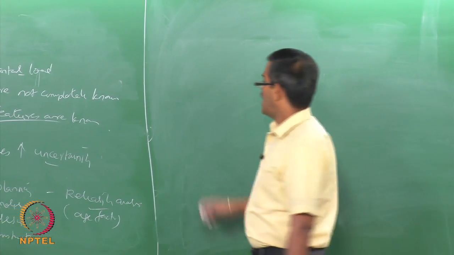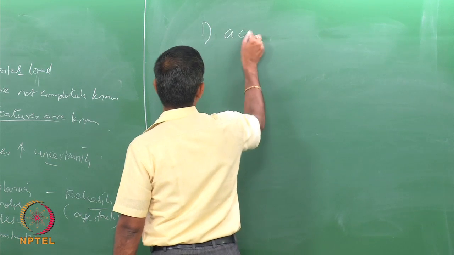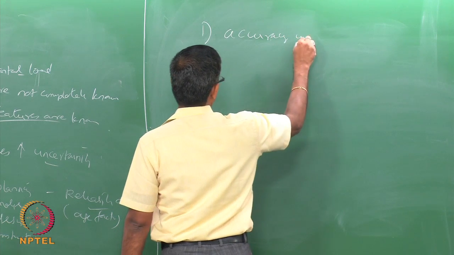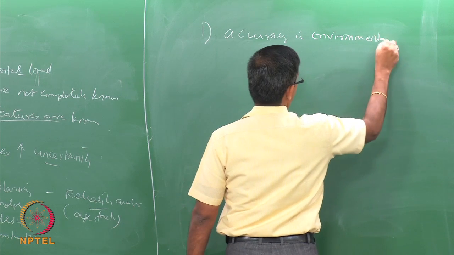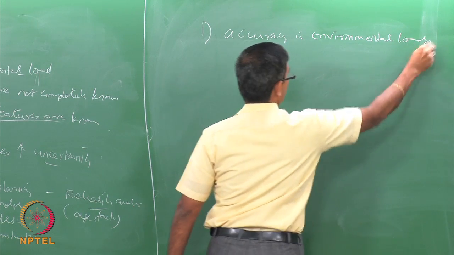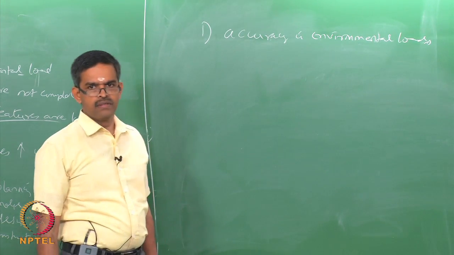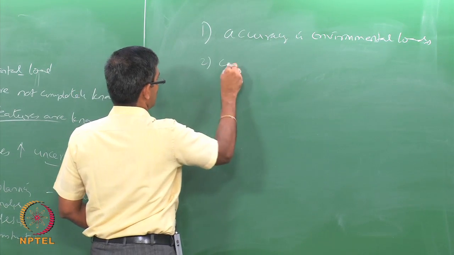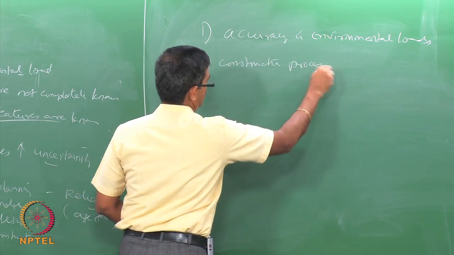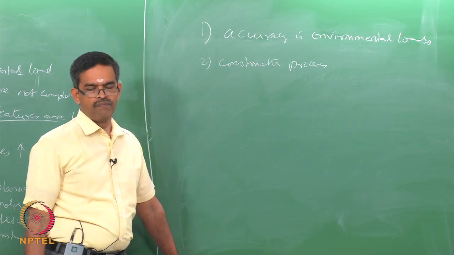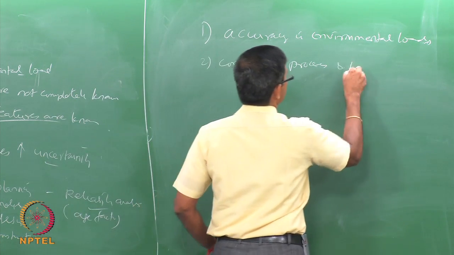One, I must know how to accurately estimate, that is, accuracy in environmental loads is one issue which I am bothered about. Secondly, the construction process itself and the techniques.